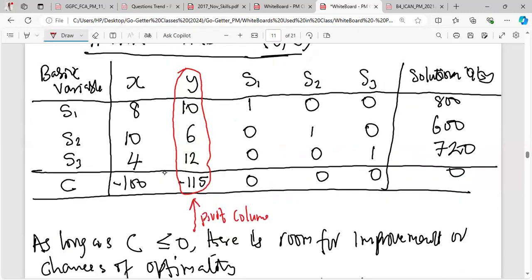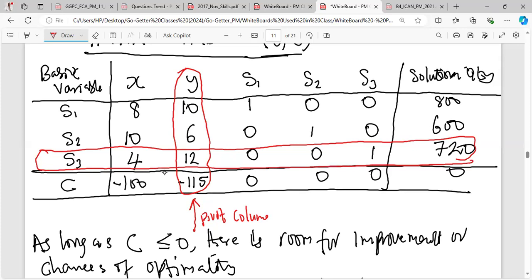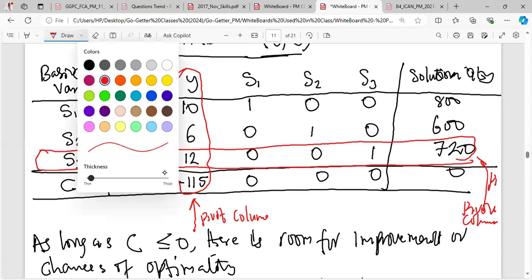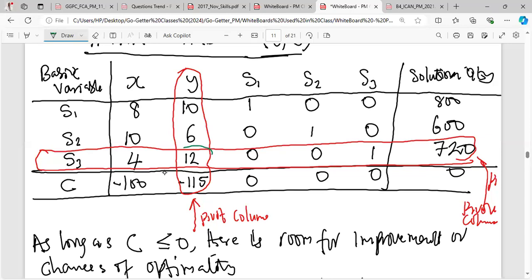So this is going to be the pivot column, meaning that Y will replace S3 and become the new king. Okay, so we write it down here: pivot column. And now I'm going to decorate our king. This 12 is now the king.